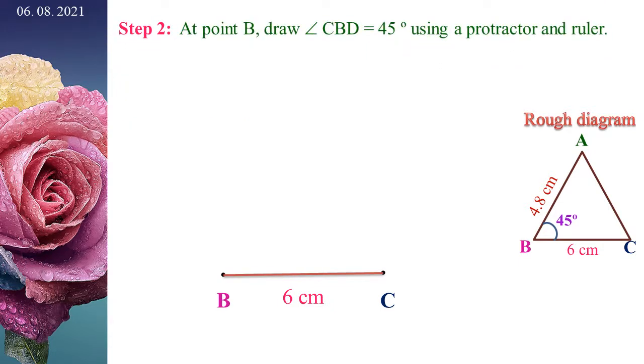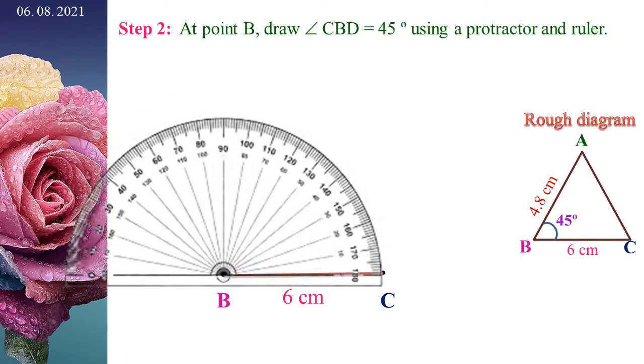Step 2. At point B, draw angle CBD equal to 45 degrees using a protractor and ruler. Keep the protractor at point B. Mark 45 degrees starting from right to left: 0, 10, 20, 30, 40, 50. 45 is between 40 and 50. Mark 45 degrees.